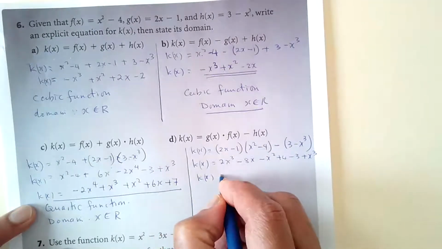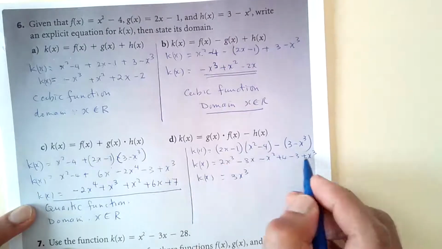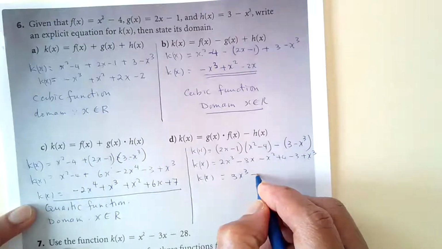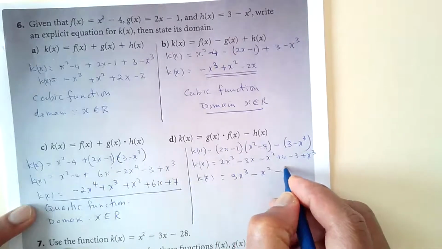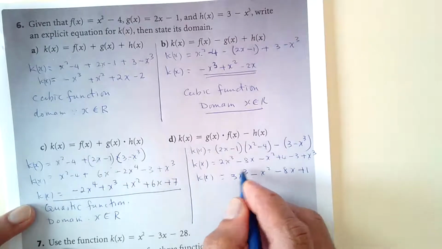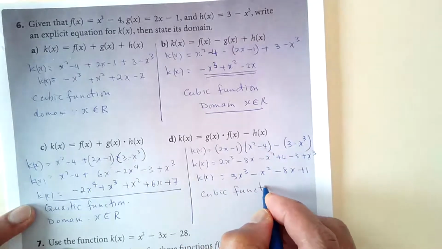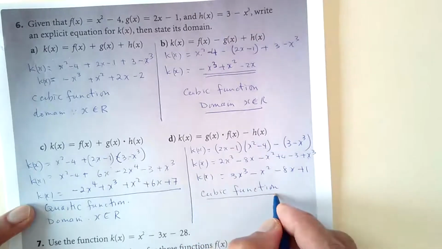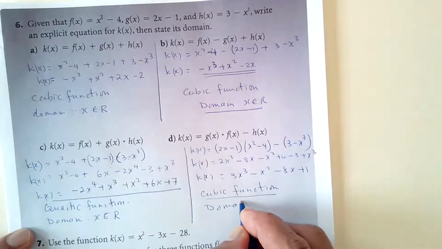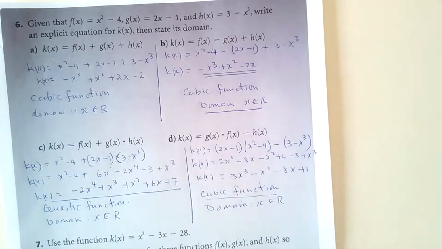Combining everything, we have 3x cubed, so you have 3x cubed minus x squared minus 8x plus 1. So it's a cubic function. So we say the domain, x element of real numbers.